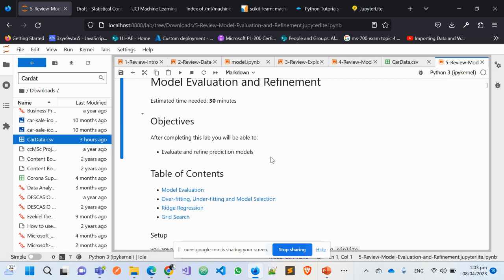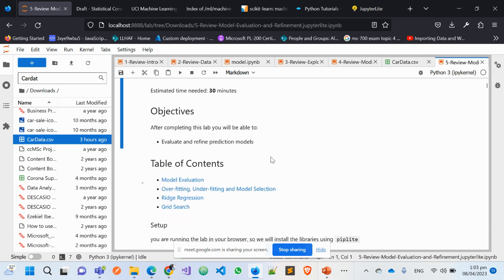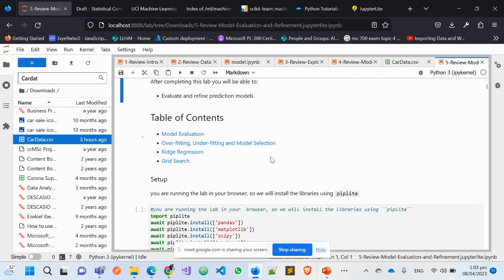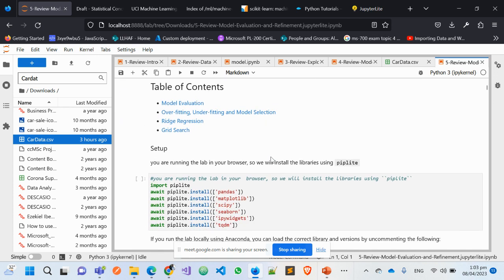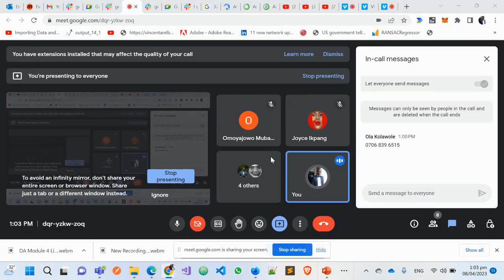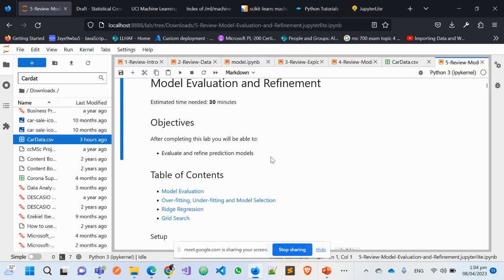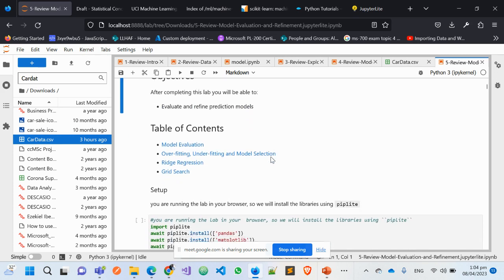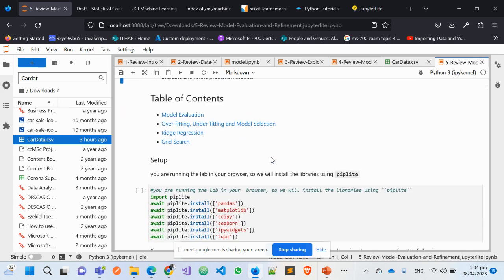Module 5 is about model evaluation. We already developed a model in module 4, so what we are doing right now is evaluating the model. We evaluate a model to determine its accuracy. Is the model accurate enough in its prediction to be used for future prediction when we put it into production?